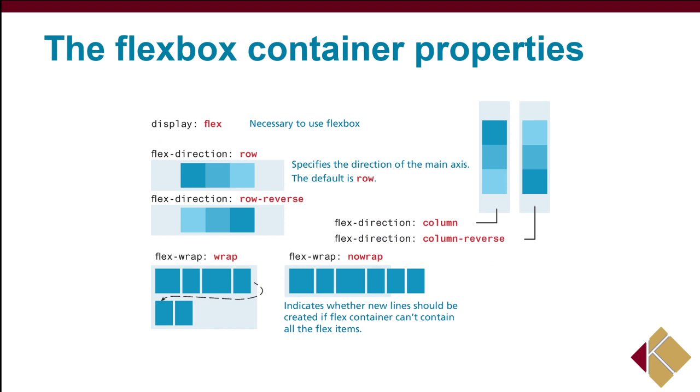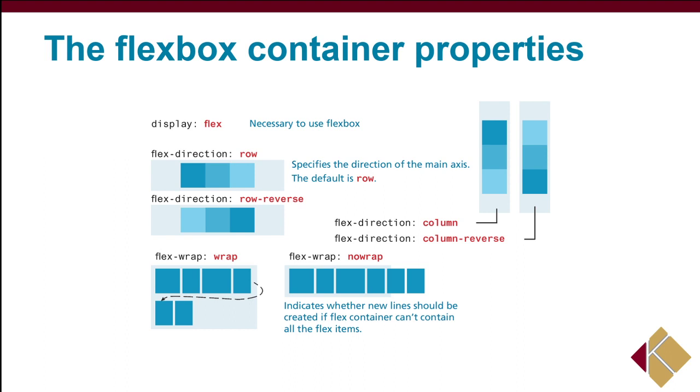Okay, so we have our flex direction here. Like I said, the way that you declare your flex box is display flex. So that's the first thing you're going to have. And then if you want to change the default, you're going to do either row or row reverse.